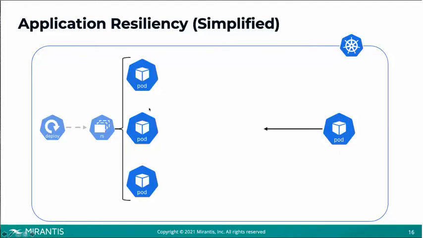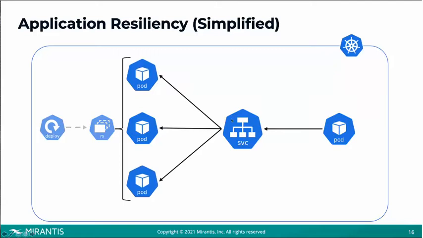How do you ensure that there is some kind of resiliency? How do you maintain resiliency along with equal access to that application wherever it's running? Well, then you want to bake in what's called a service object, whose main task is to ensure that wherever these pods might exist, there is going to be a singular point of access that's consistent across the life cycle of these particular pods.